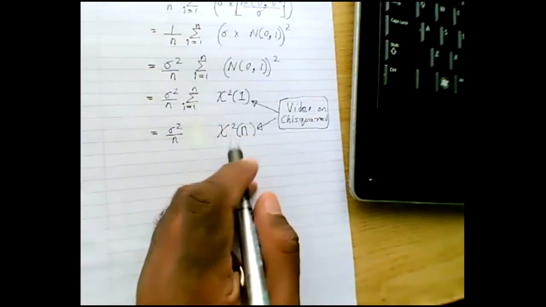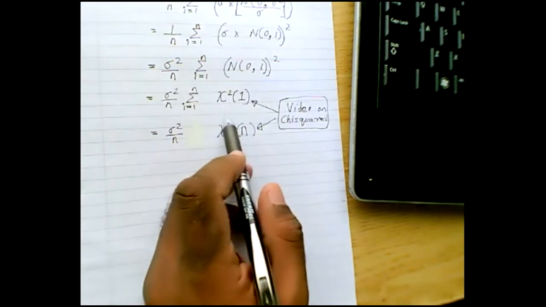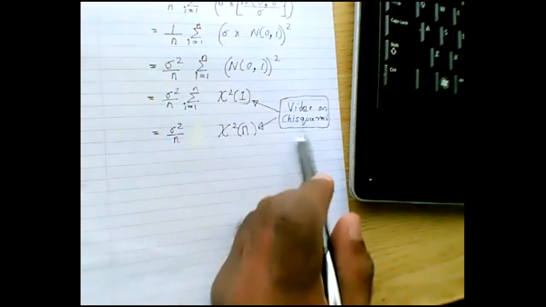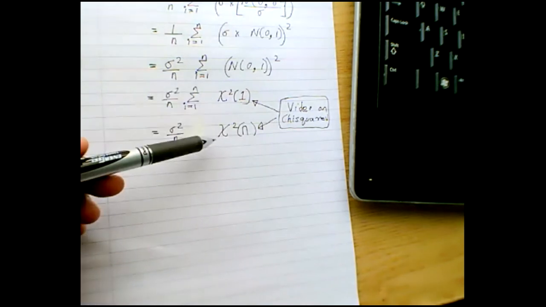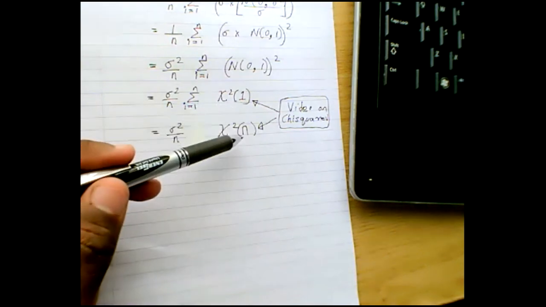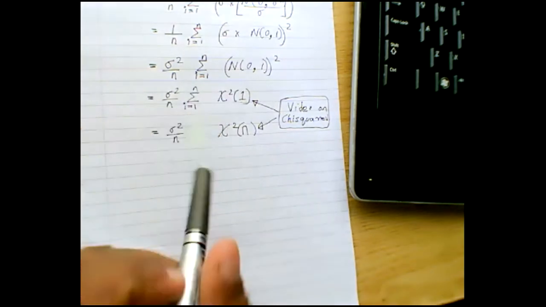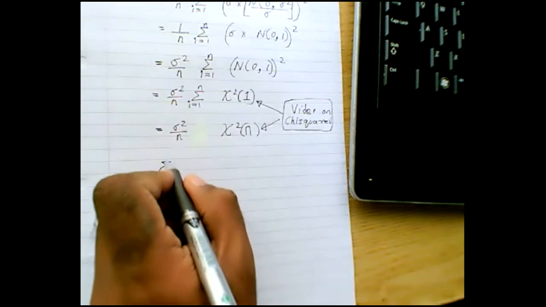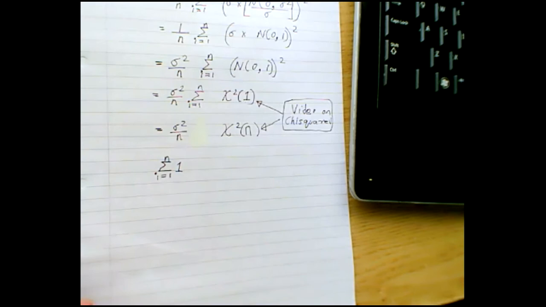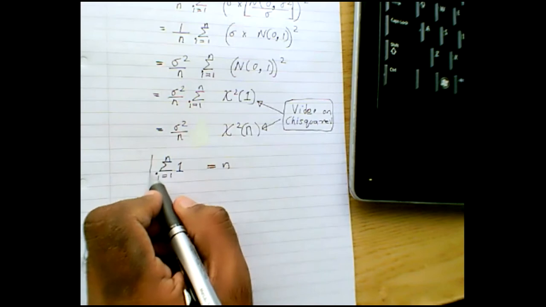All right, the last step is from this to this, right? I have used the fact, one of the properties in this video, that if you sum independent chi-squared variables, what you get is also a chi-squared variable, but with the degree of freedom equal to the sum of 1 for i from 1 to n. If you sum 1 from 1 to n, what you will get is n.